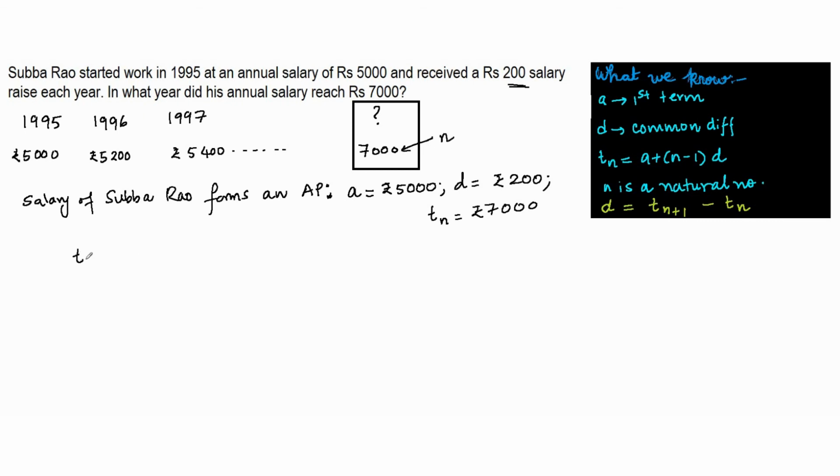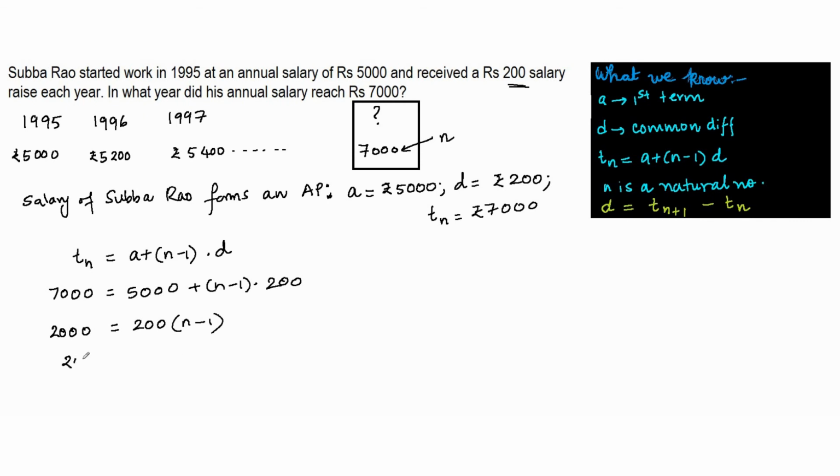So I can say that Tn is equal to a plus n minus 1 times d. Now Tn is 7,000. So 7,000 equals a, the first term, that's 5,000, plus n minus 1 times 200. And solving this, I get 7,000 minus 5,000 is 2,000. So 2,000 is equal to 200 into n minus 1.